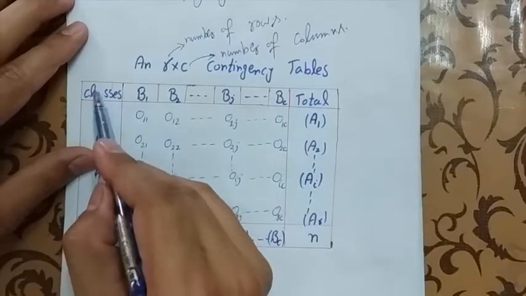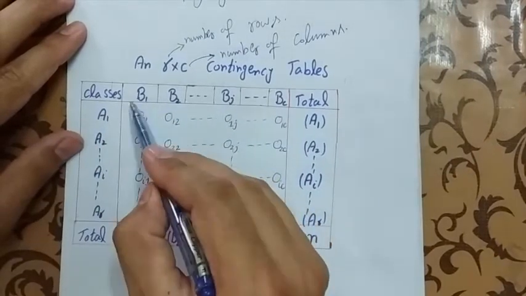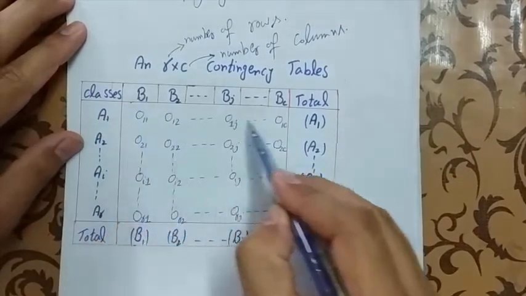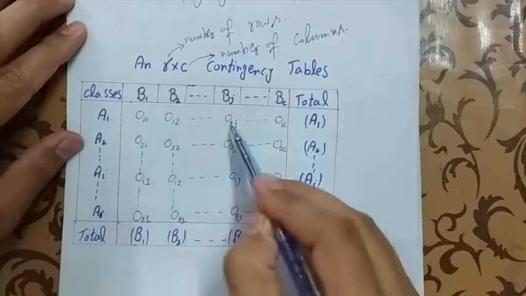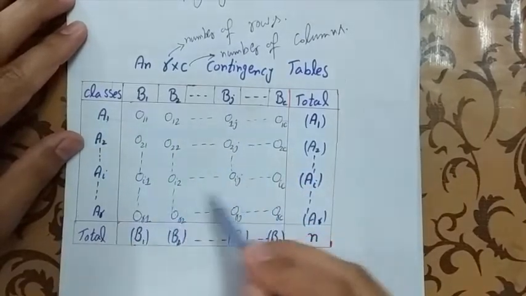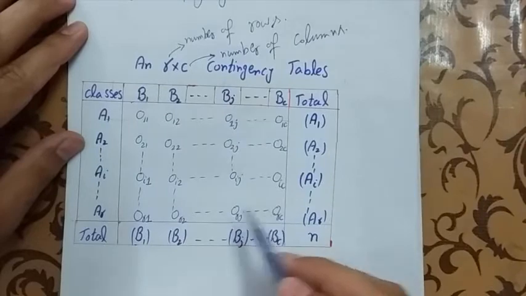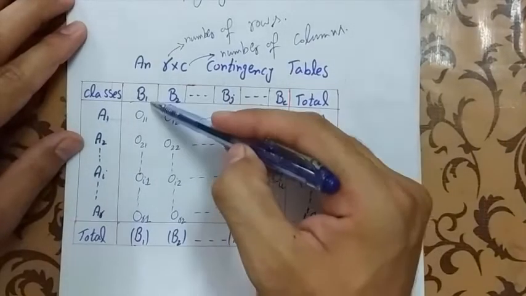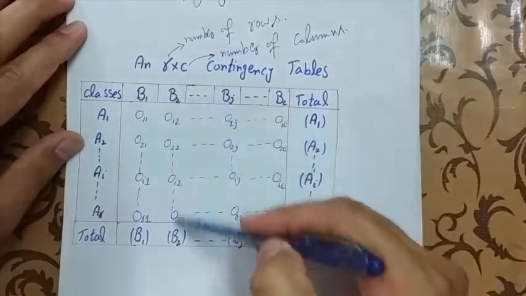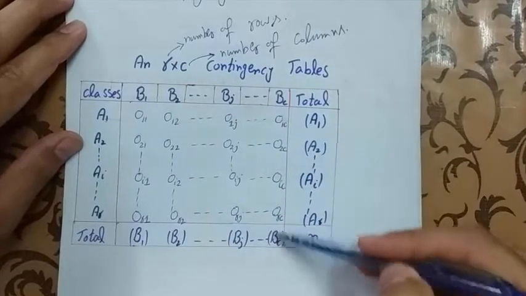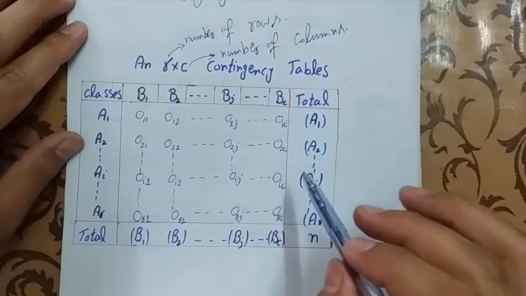These are the rows A1, A2, AI, and AR shows the rows, but B1, B2, BJ, BC shows the number of columns.